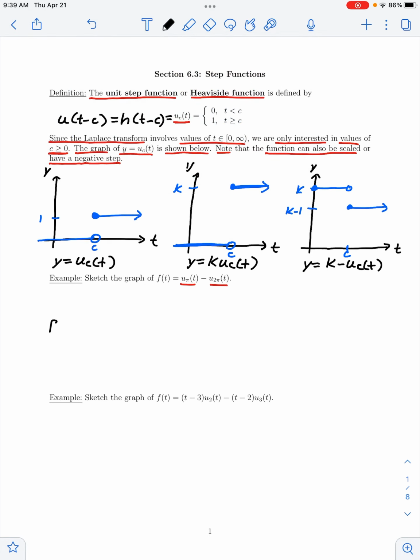So let's start by writing out the definition of this function, f of t, as a piecewise-defined function.